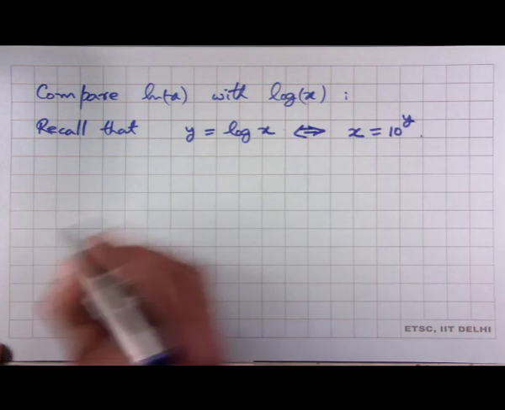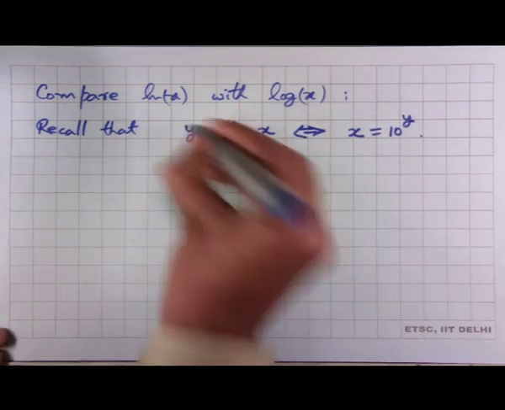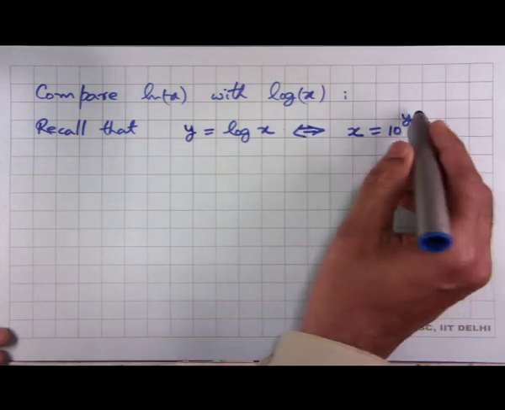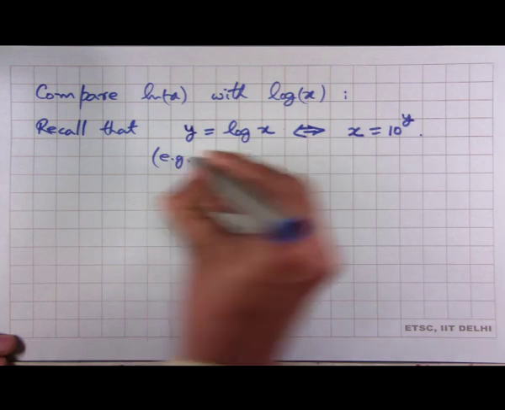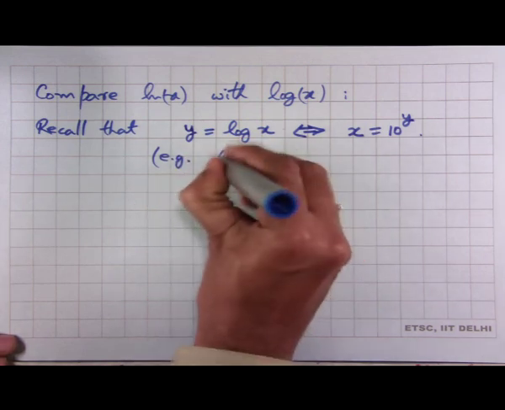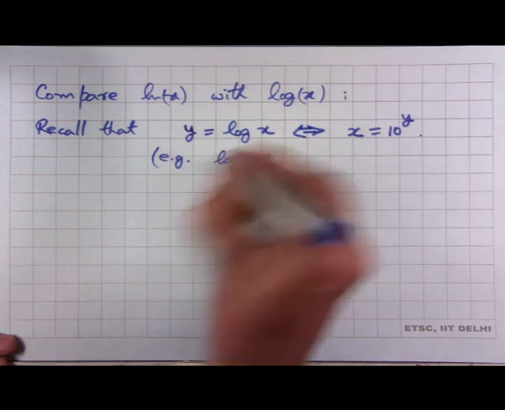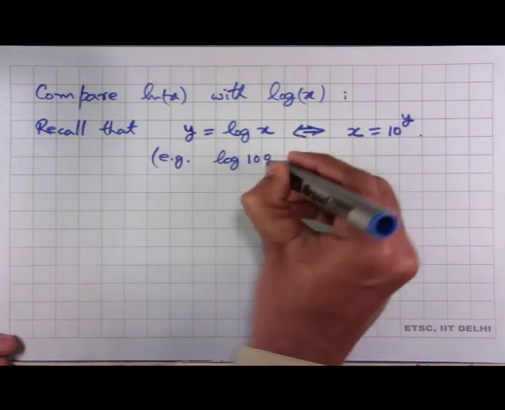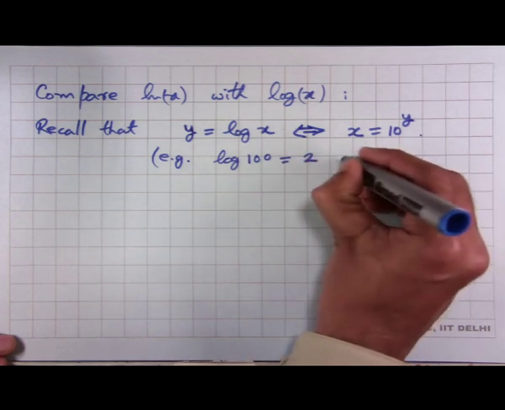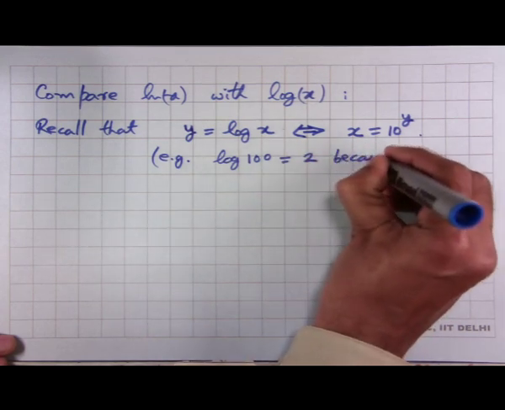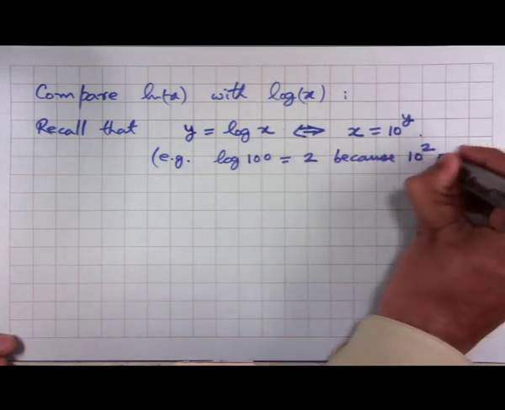So, to find the log of anything, you write the number as the exponent of 10. For example, if I ask you what is log of 100, this is equal to 2, because 10 to the power 2 is equal to 100.